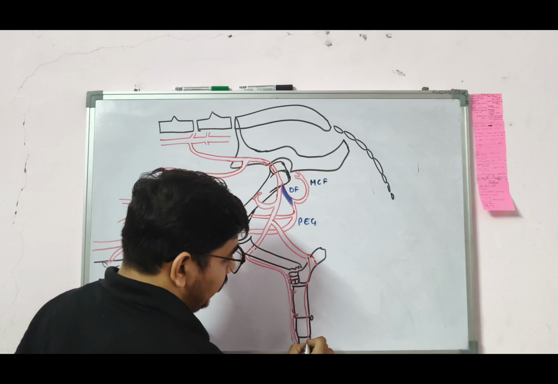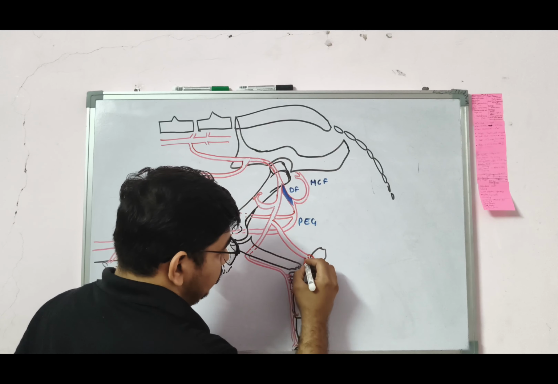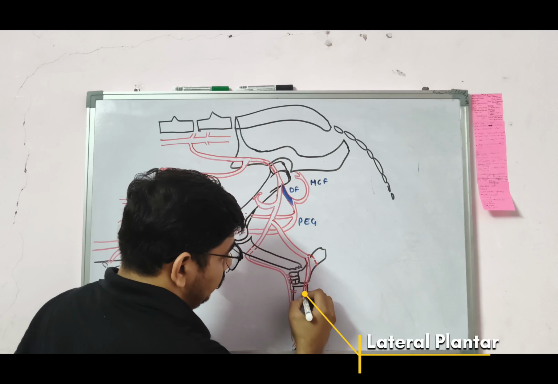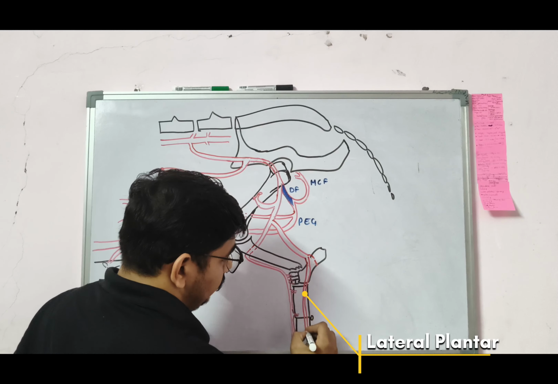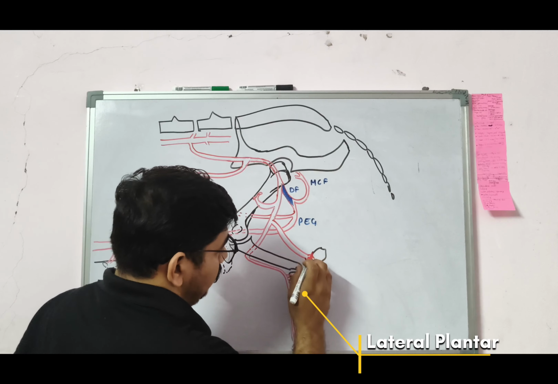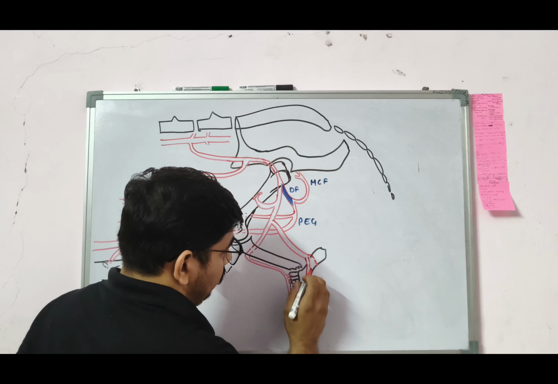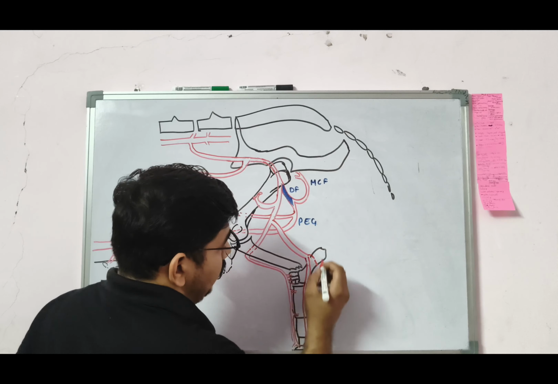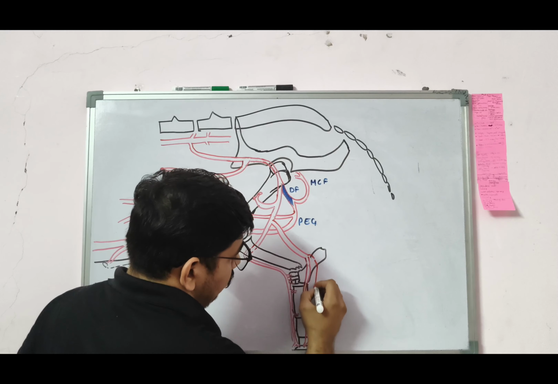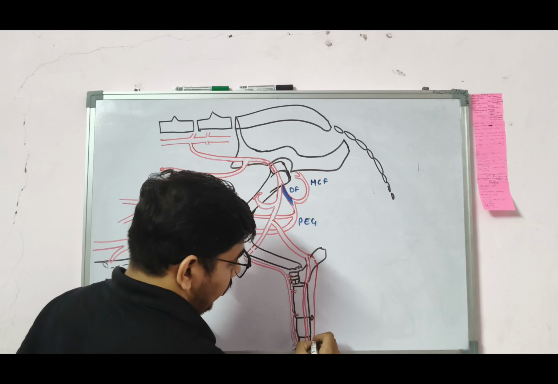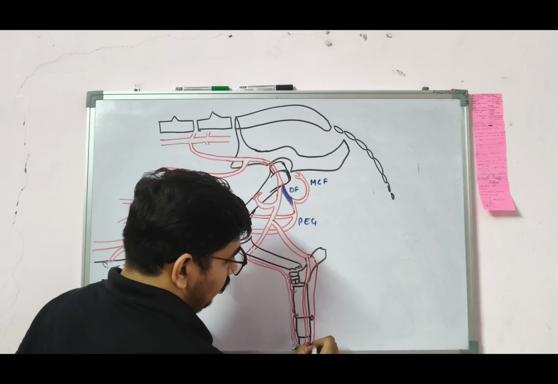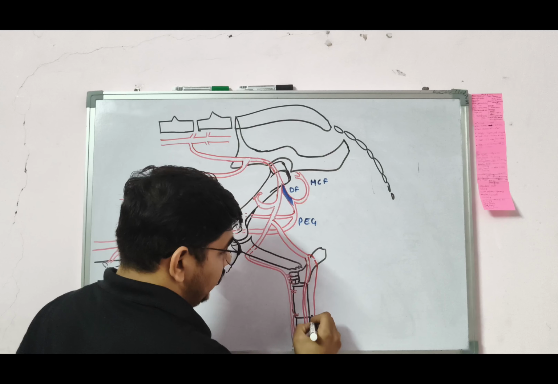And here at the third digit, it bifurcates. The middle one goes downward medially, and at the last it also bifurcates for digital supply.